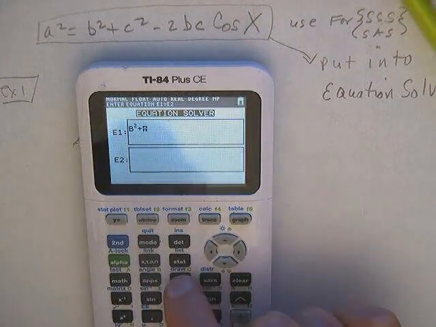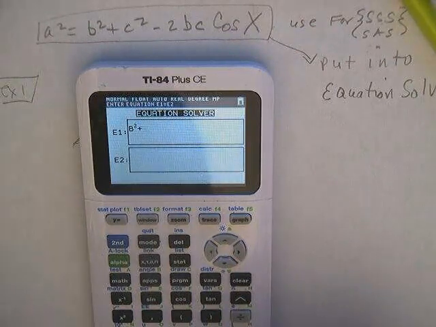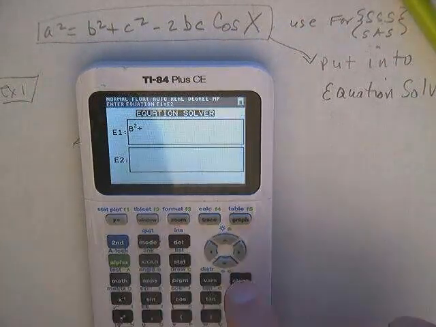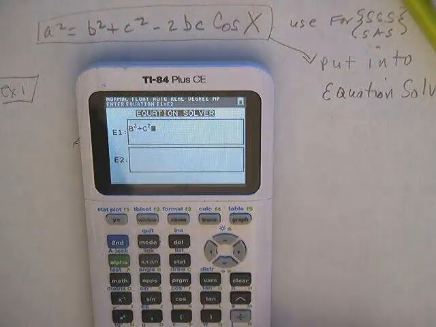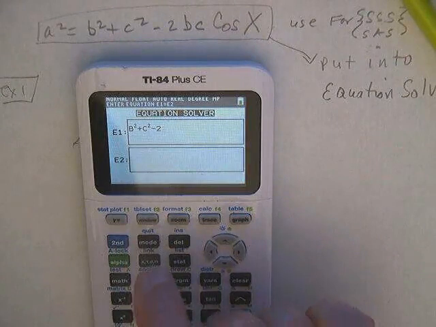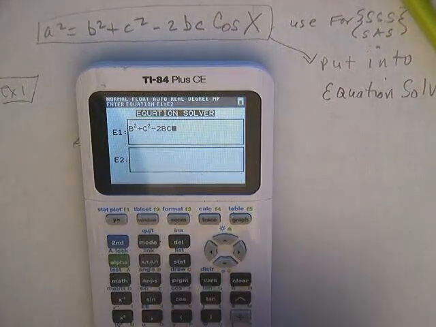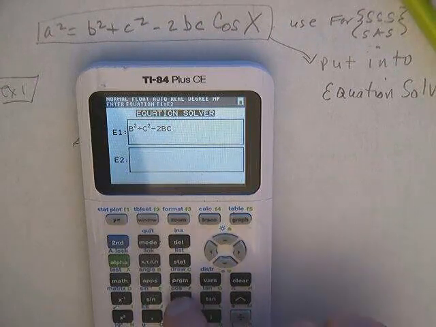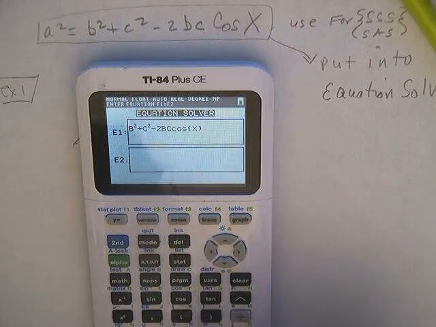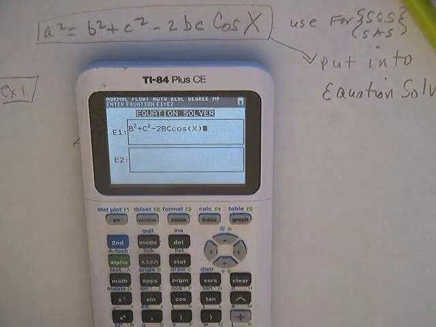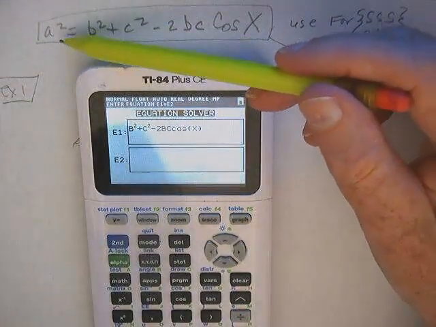Well, that's alpha program. Whoa, I did second. Alpha program. That's better. C squared minus 2 B C cosine X. And now you've got a choice right here because notice we didn't do anything with that A squared yet.